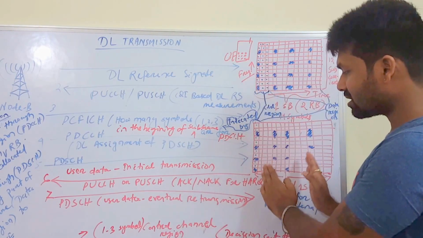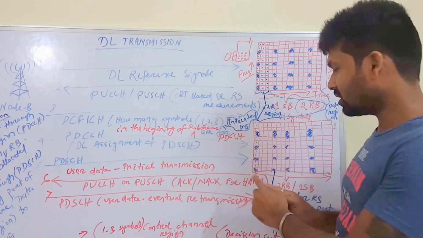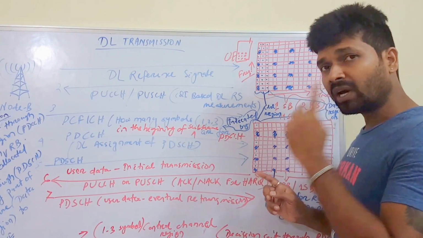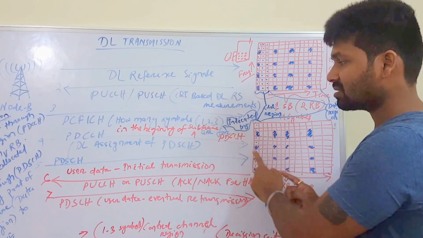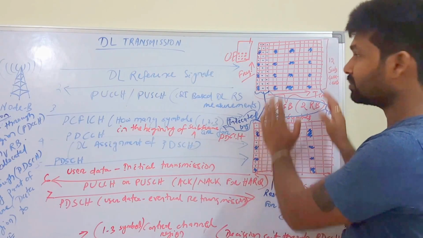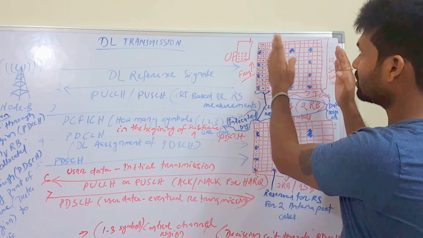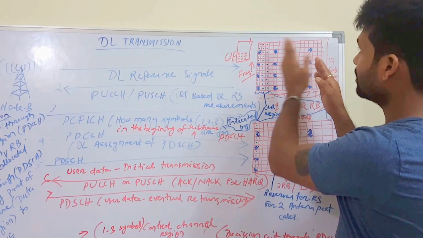In this other case, the control format indicator is 1. That means one symbol is used for PDCCH, or the physical downlink control channel transmission, and the rest of the subframe, after 3 symbols, is around 11 symbols.